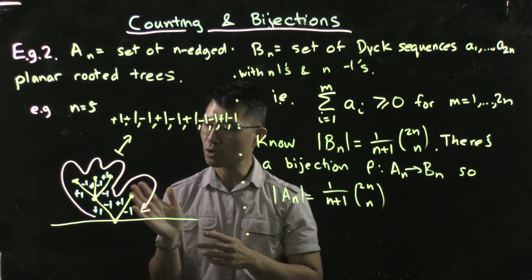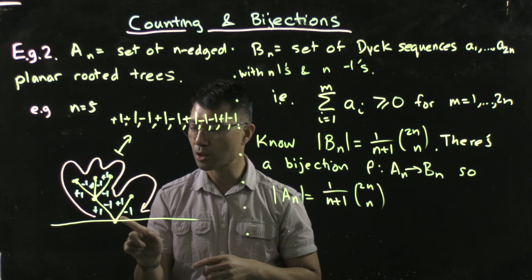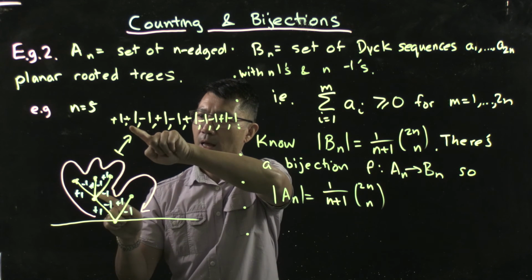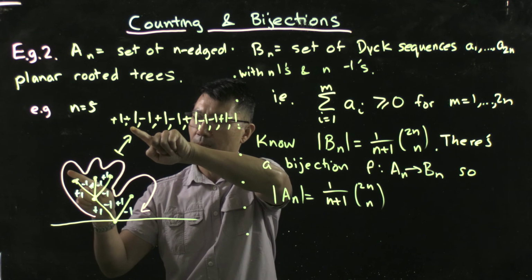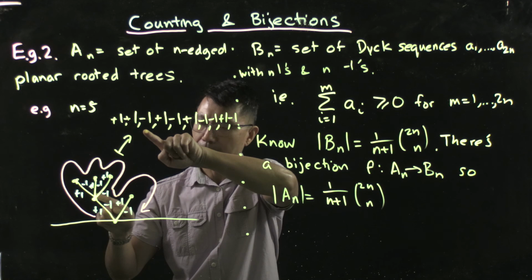Well, you draw it as follows. You try to invert this procedure. You see the +1, so you draw it going up like this. Then you see another +1, so you draw another branch coming out like that. When you see a -1, you just come back to the previous vertex, this dot, or what we call a vertex in graph theory.